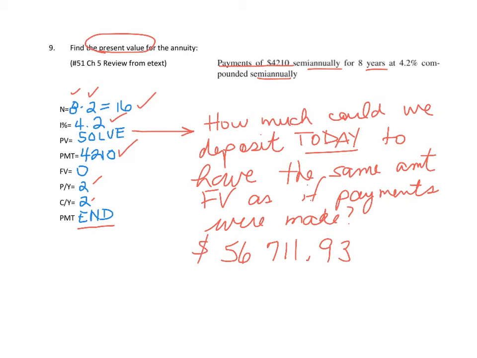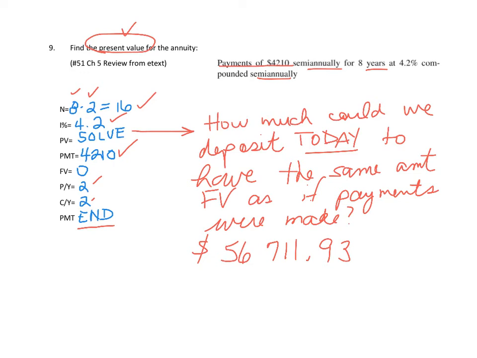So we could deposit $56,711.93 right now today and walk away, make no further payments, and have the same amount of money at the end of time as if we deposited that $4,210 16 times.